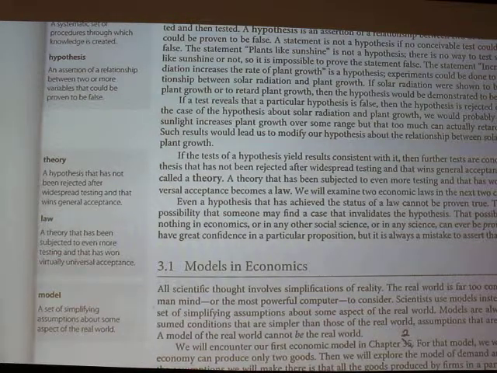And that generally is a reasonable description of the scientific method. I sometimes think about hypotheses as very precise, testable statements, whereas theories are more general, and often a theory will yield multiple hypotheses. Okay, so what about models?